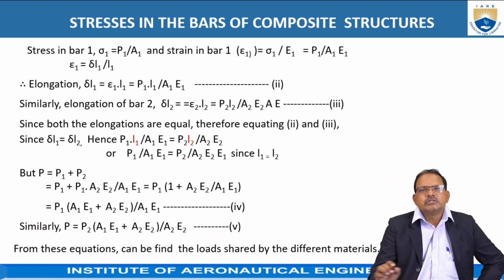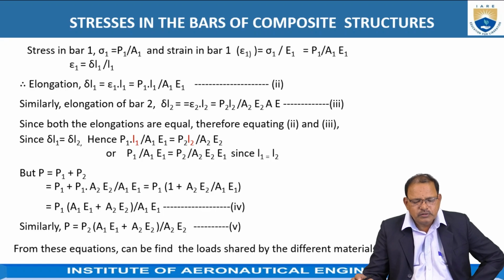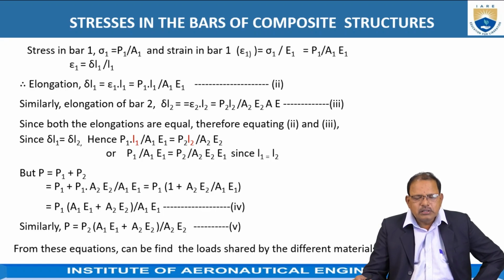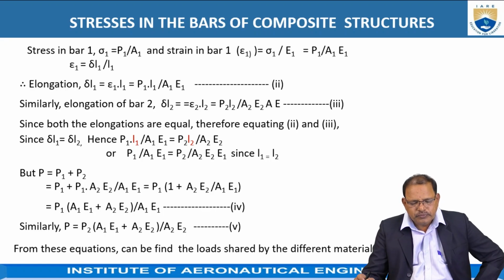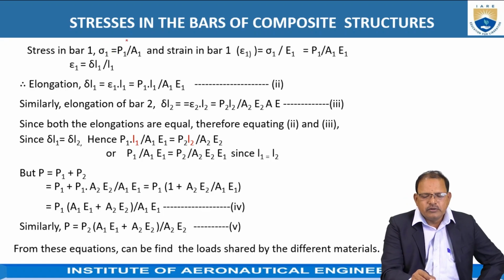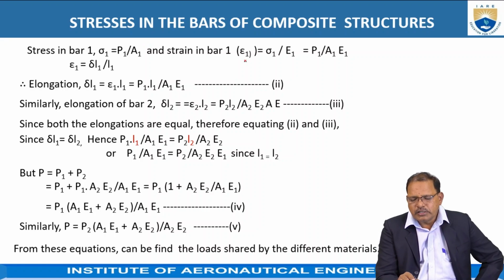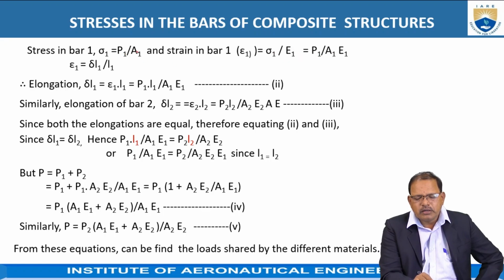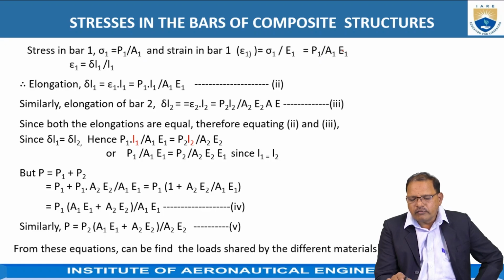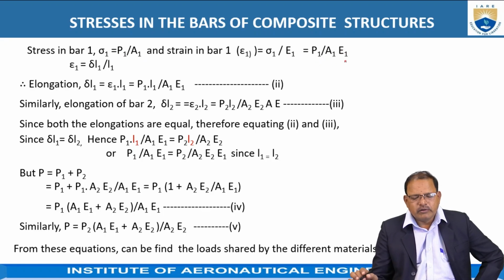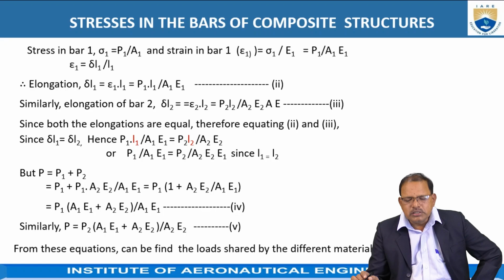Now we are considering the stress in bar 1. Sigma 1 is the stress, which is equal to P1 divided by A1, and the strain, epsilon, is equal to sigma 1 divided by E1, which is P1 divided by A1 E1. This is called strain.